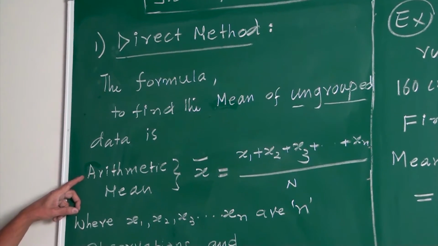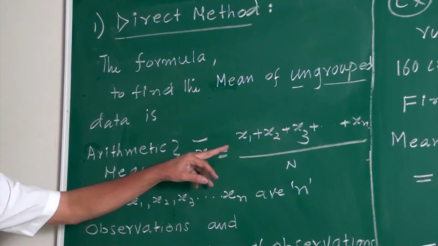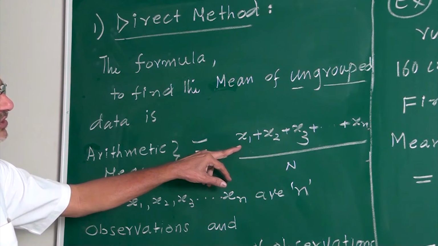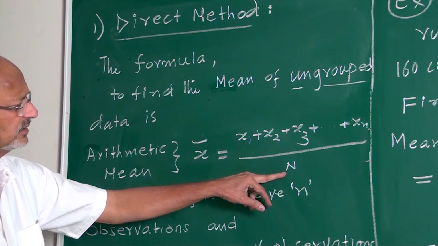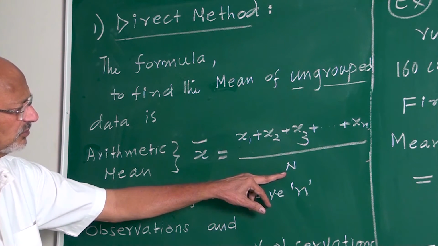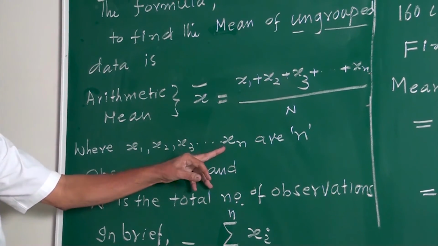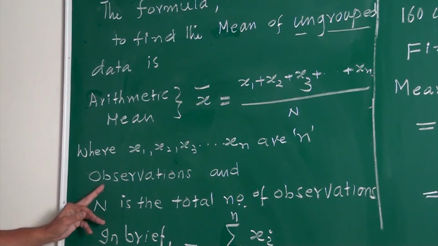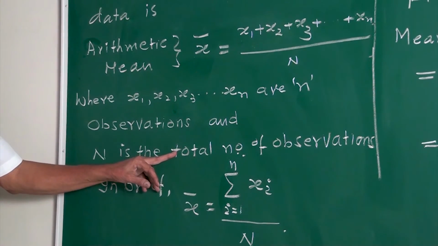The arithmetic mean, denoted by x bar, is the sum of the observations divided by the number of observations, where x1, x2, x3, ..., xn are n observations, and capital N denotes the total number of observations.